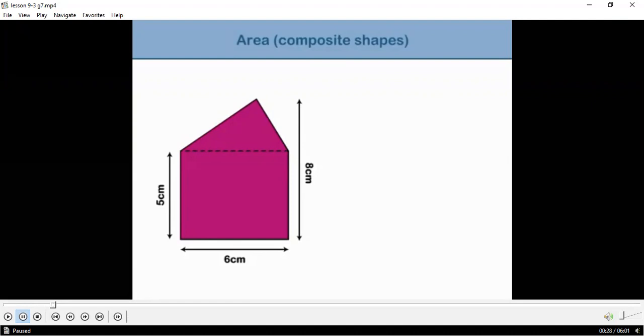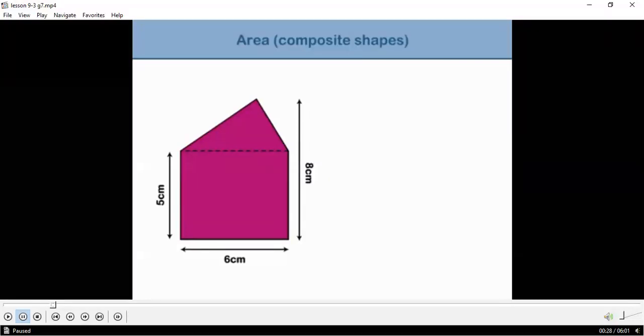We have to separate it. Into how many figures? Into 2 figures. The first figure is a triangle, right? And the second figure is a rectangle. Okay, thank you.